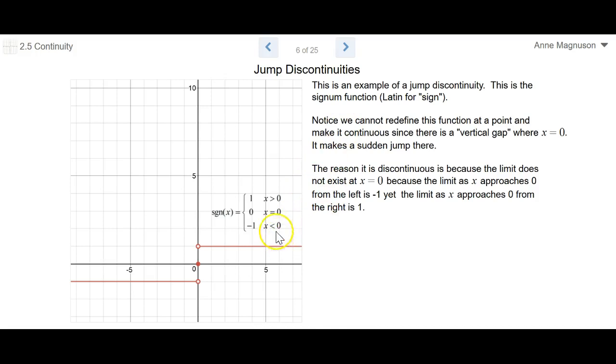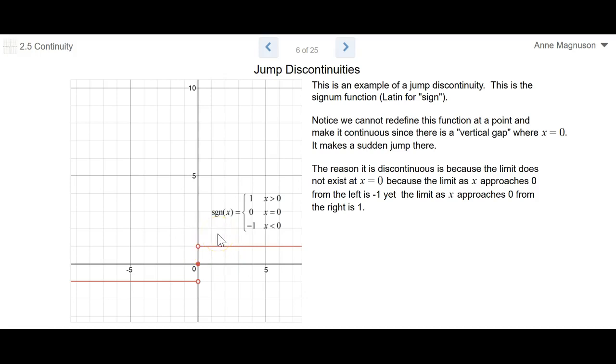Notice that the reason this is not continuous, not just looking at it graphically, but thinking about it algebraically, is that the limit does not exist at x equals 0. The limit from the left equals minus 1, but the limit from the right equals 1.